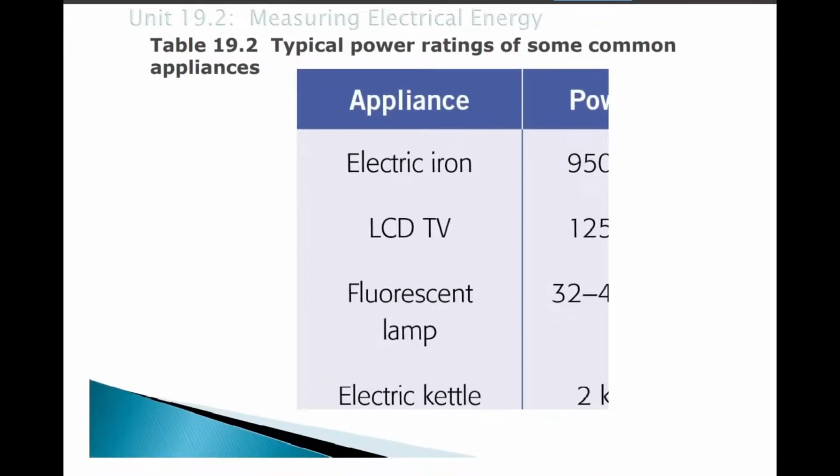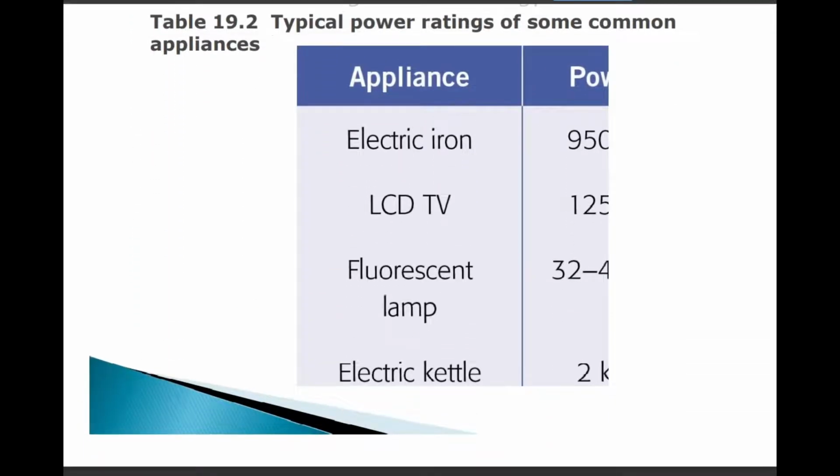Alright, so this table represents the average electrical powers of appliances. Let me write down the values. The electrical iron ranges from 950 watts up to 1200 watts. The LCD TV is approximately 120 or 125 watts, but they have reduced it to approximately 100 watts. Fluorescent lamps are 32 watts, and you will find them up to 400 watts, used for floodlights, right?